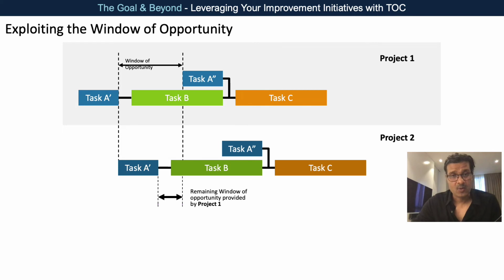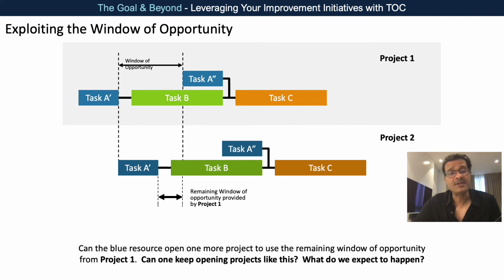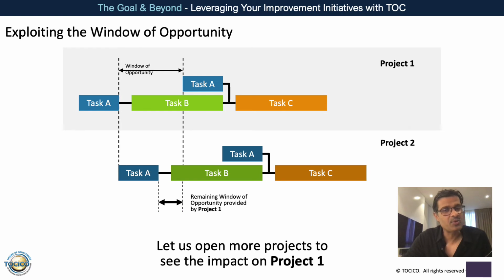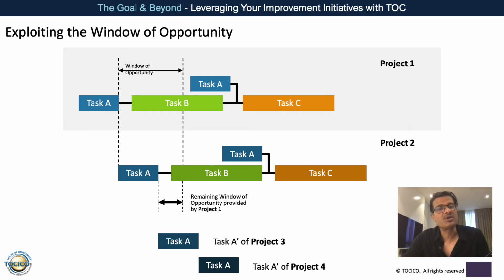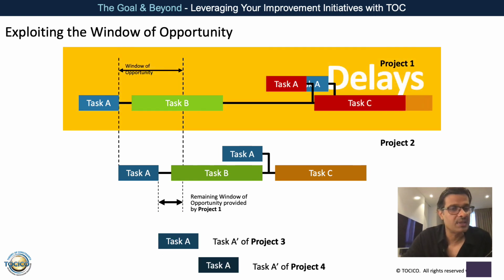Now, what do I do when I get project 3? If the longest path first algorithm runs, then for project 3 too I should take up the longest path task, which is again task A. If I keep on doing that, you will find out that you have delayed project 1.